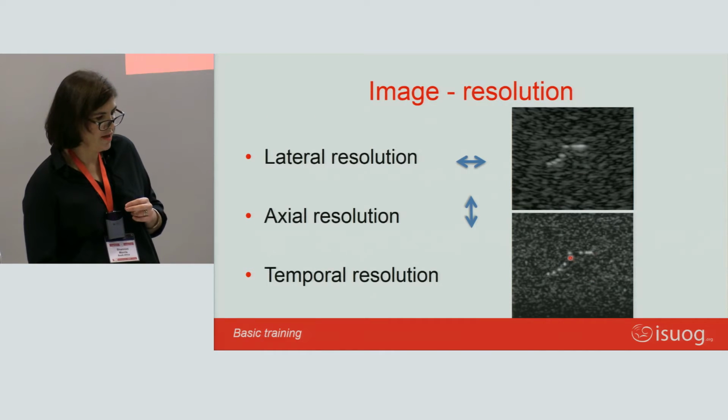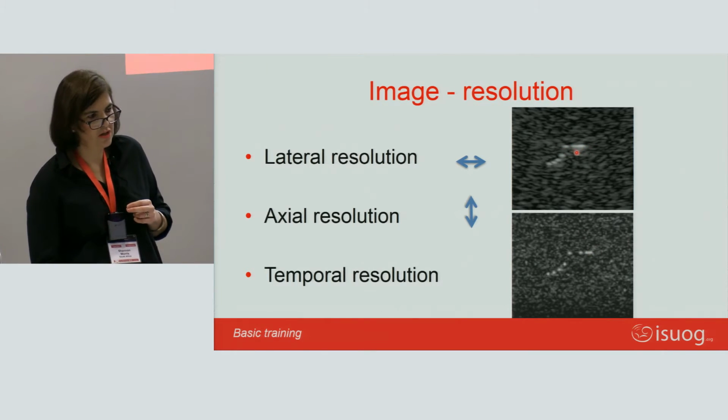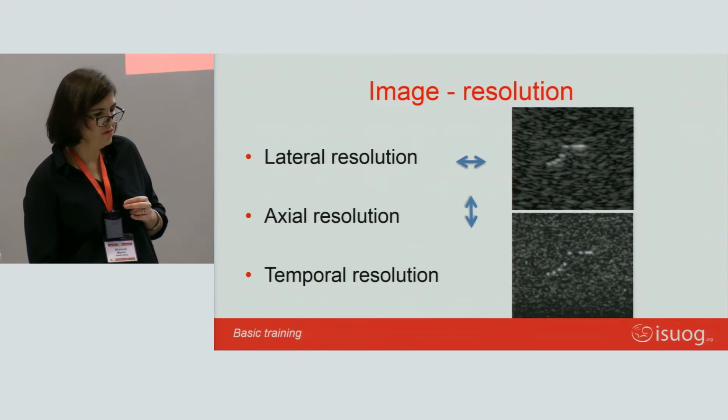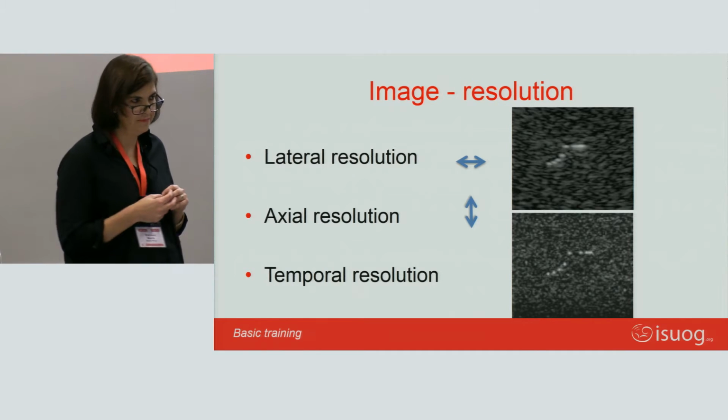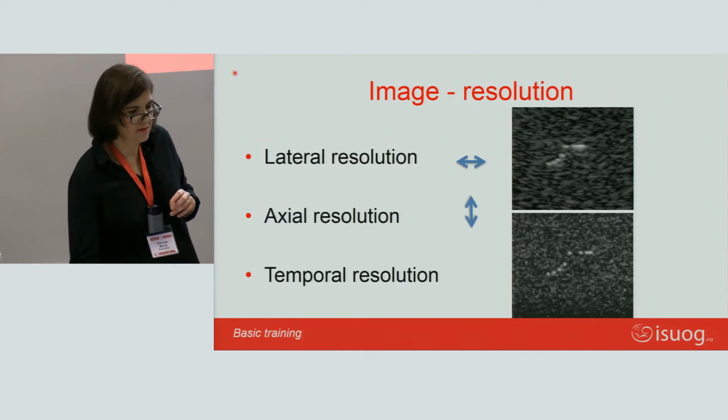So on this picture here, you can see this dot, and that one. But here, it looks like one structure. So this image has lower resolution than this image. And that is lateral resolution. Axial resolution is the resolution in the axis of the ultrasound machine, so up and down.